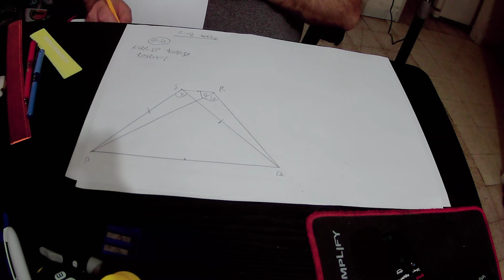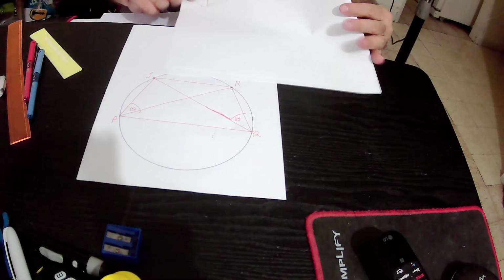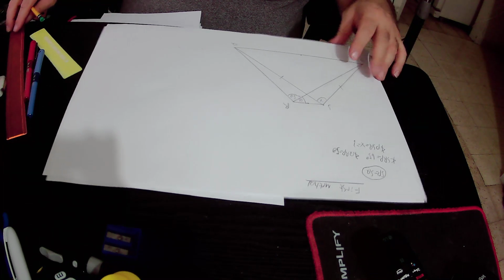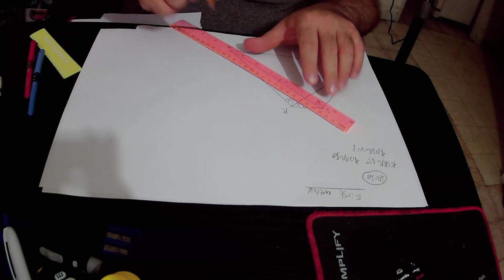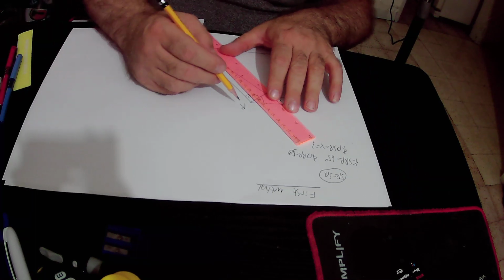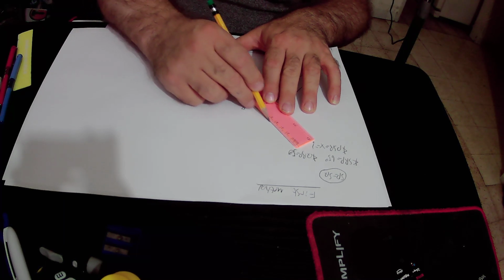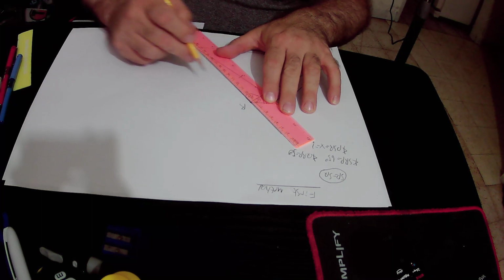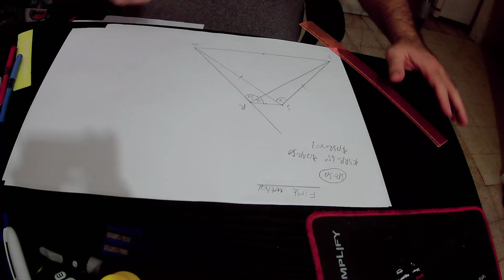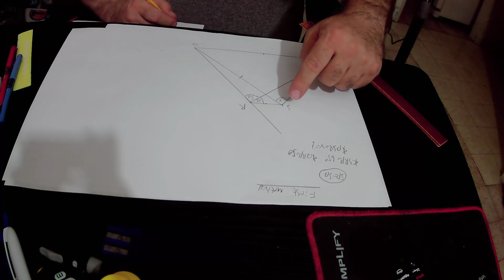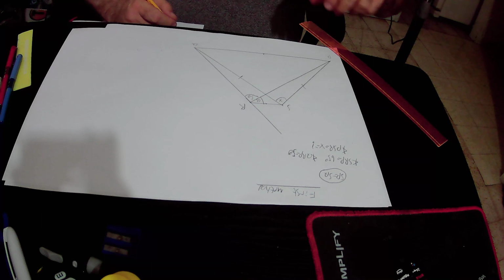In the first method we will do a construction. We will extend side QR by a straight line, and then from point S we will draw a perpendicular to the extended QR side.